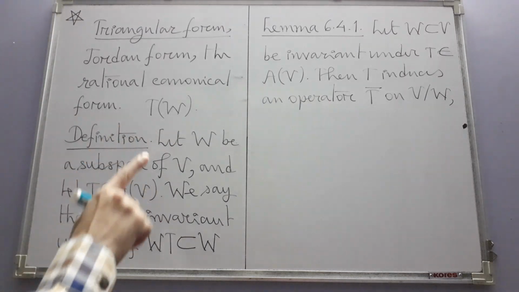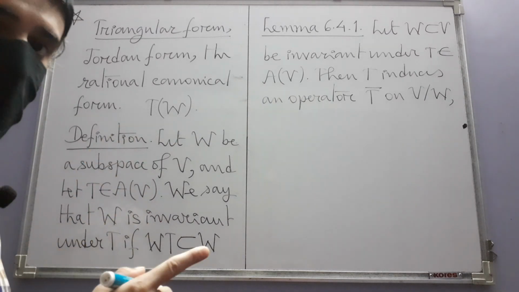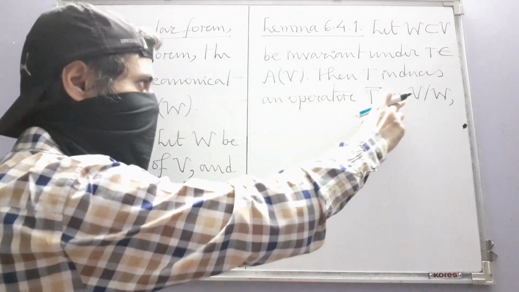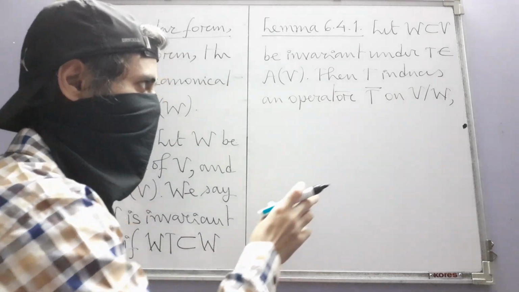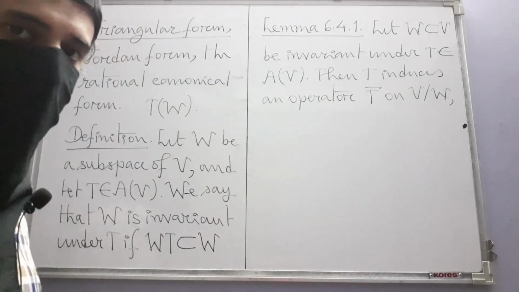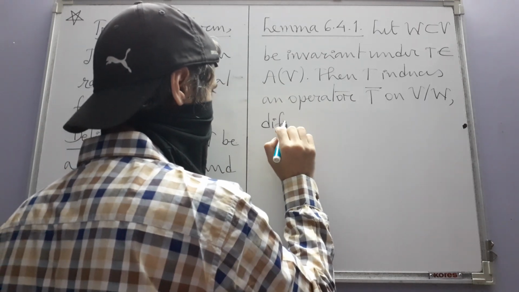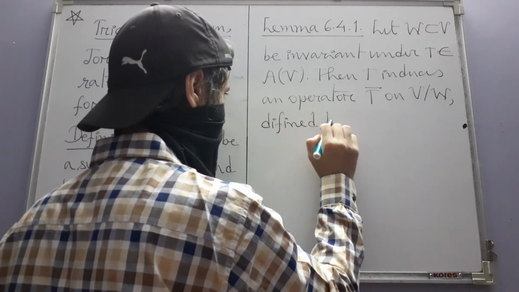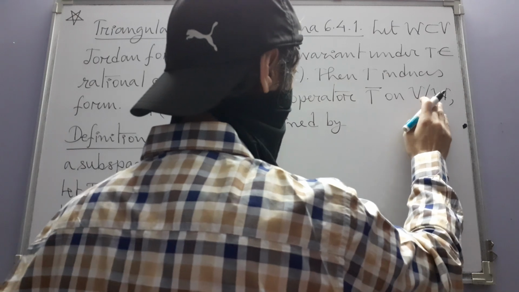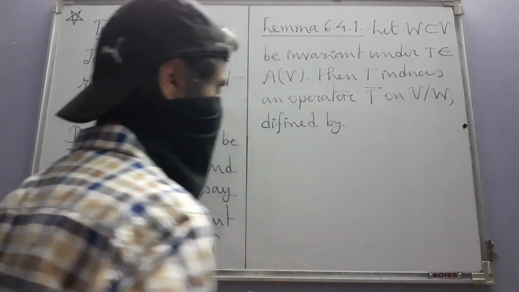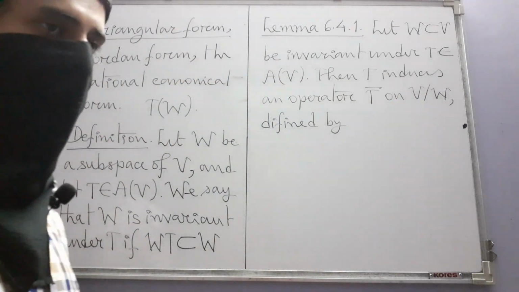That means using T, one can get an operator T bar, which is a linear transformation from V slash W to itself. In fact, it's defined by this. You take any element in this quotient. In the quotient space, the elements are what?